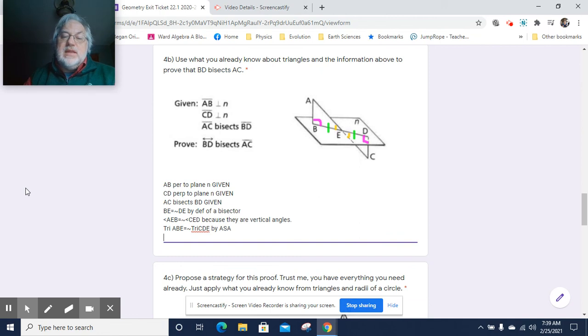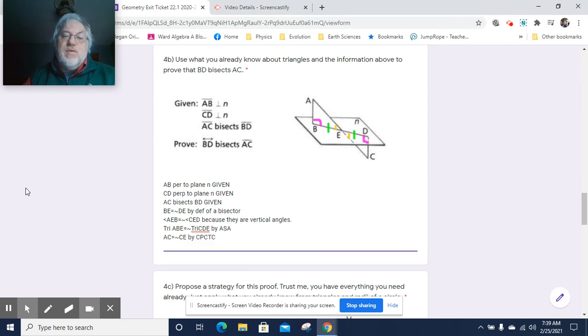And then we can say that AE is congruent to CE by CPCTC. And so therefore, BD bisects AC by definition of a bisector. And we're done. All right.